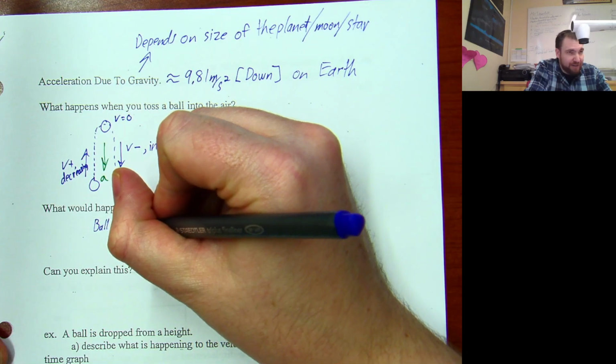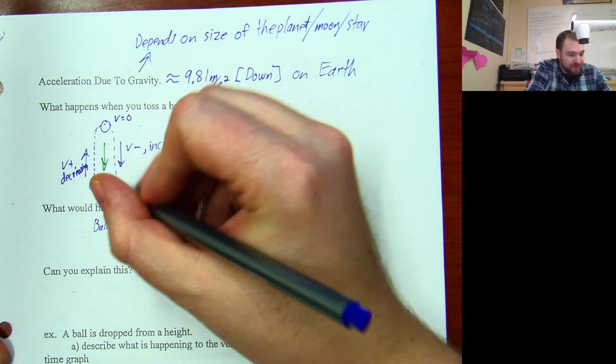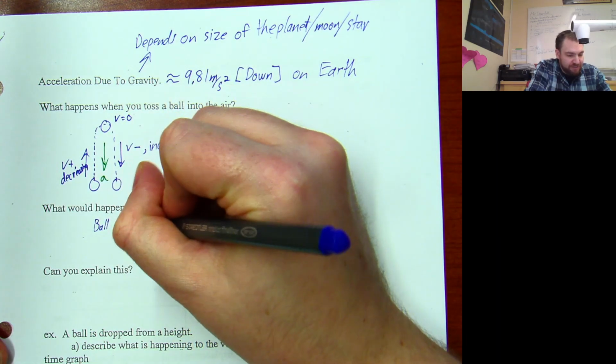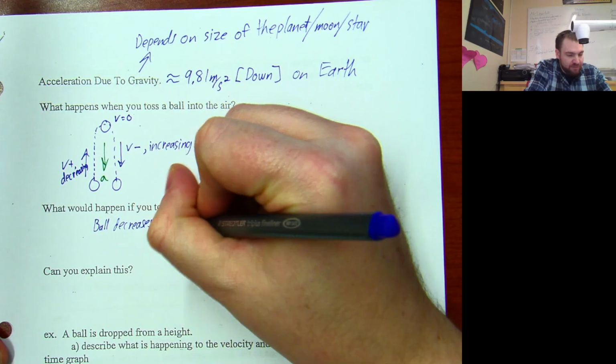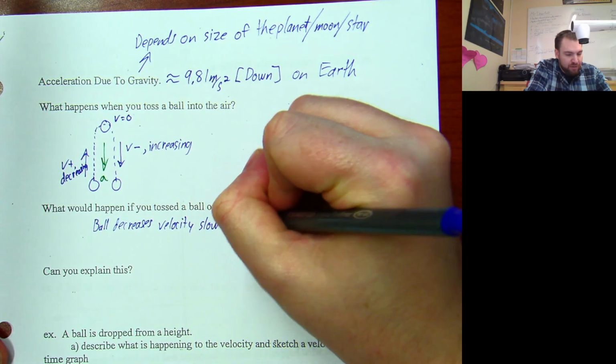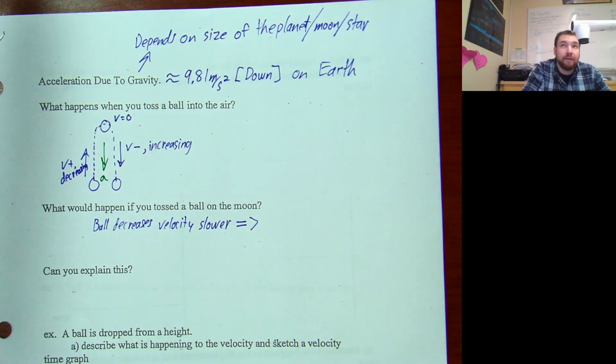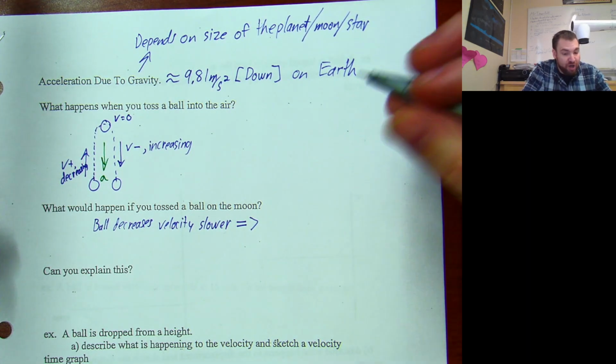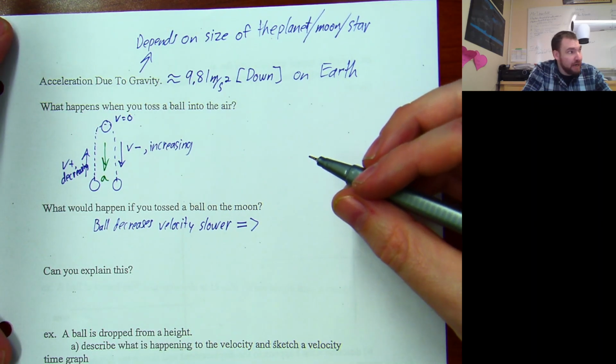Which leads to what practical result? The ball decreases velocity slower, which leads me to what? Connor? It's going to stay in the air longer, and it's going to go higher.